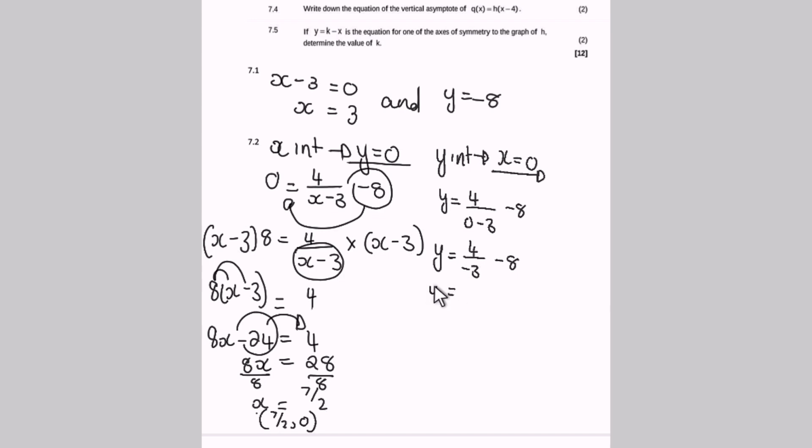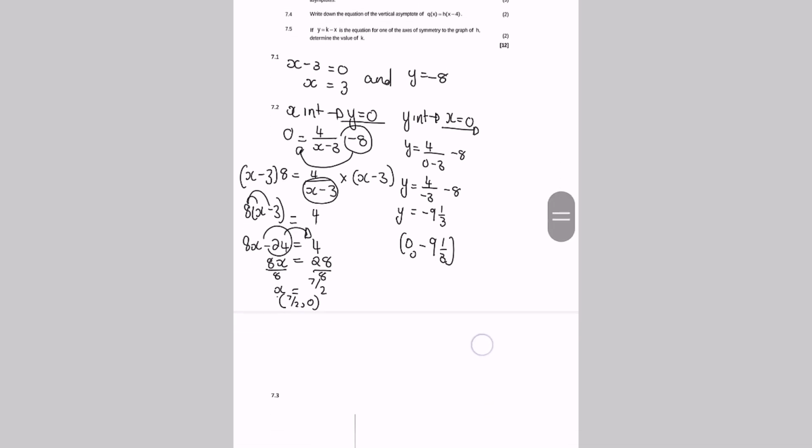And our final answer, after you've typed everything into your calculator, will be -9 1/3. But it is important to remember again that you should leave your answer in terms of a coordinate. Therefore, we'll have x = 0 and y = -9 1/3.